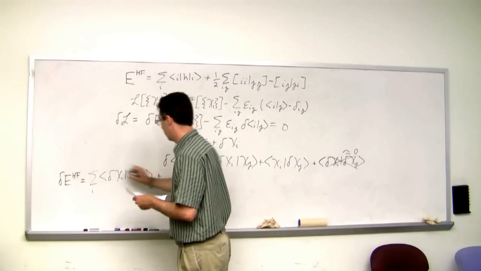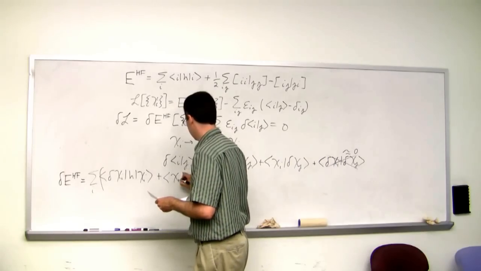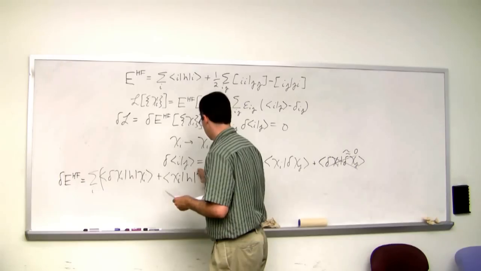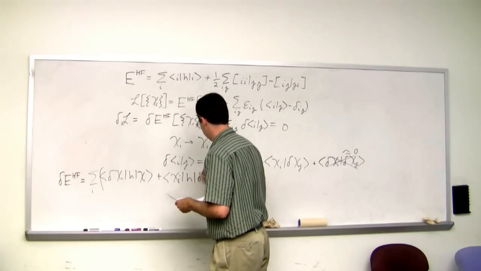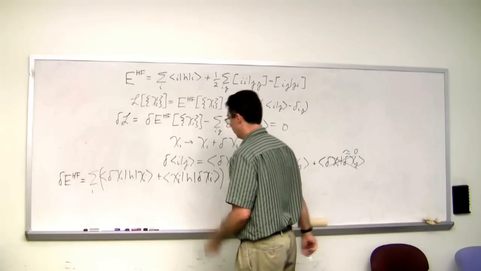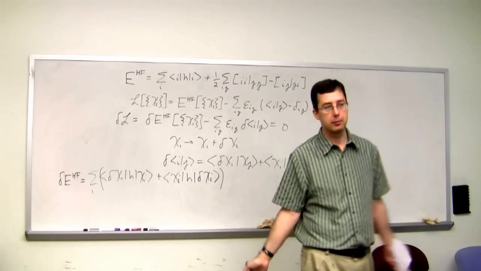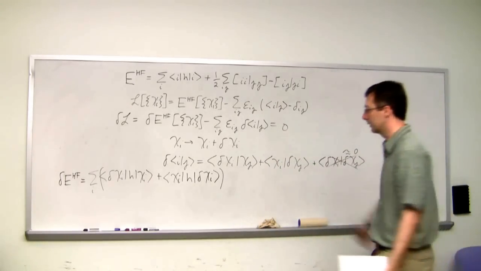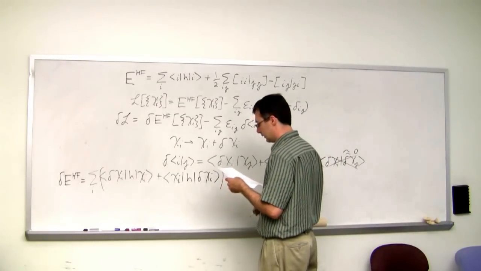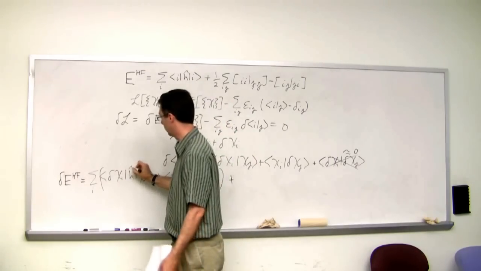There could also be a delta on the right, H delta chi I. And again, there would also be a delta chi I on both sides, but that one is going to be very small, so I'm just not going to worry about that because I'm assuming these changes will be small. Plus, I guess I might have had hats on the H yesterday, whatever, it's the same thing. One electron operator.